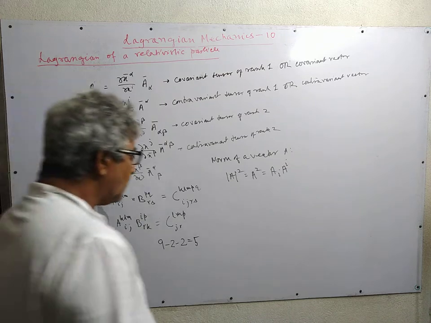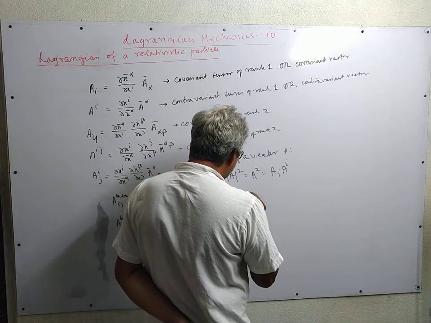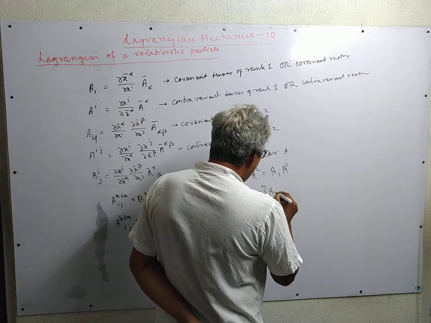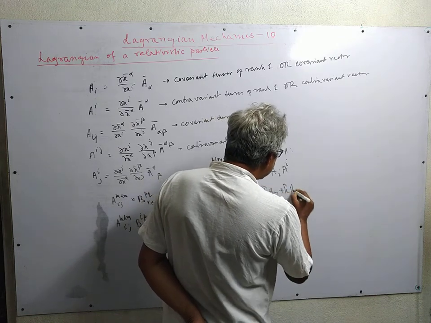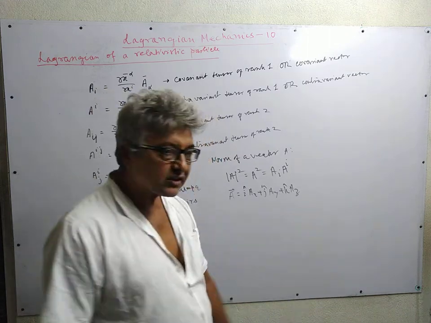So in general, in our earlier classes, we used to write a vector like this: ax i cap, ay j cap, az k cap, and we used to say that ax, ay, az are scalars.